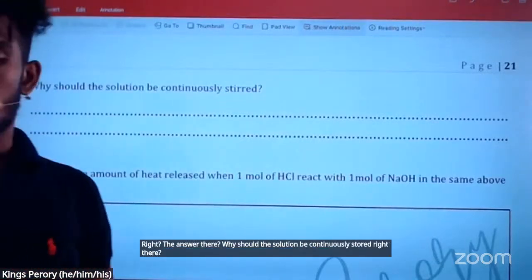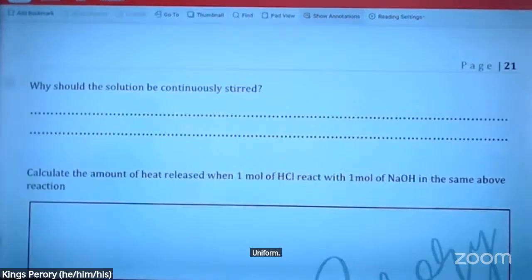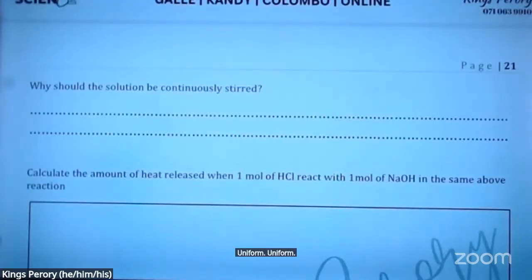Right there. To maintain the temperature of the solution uniform throughout the mixture.